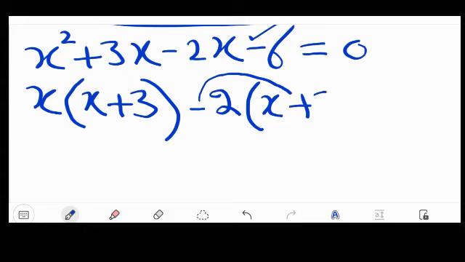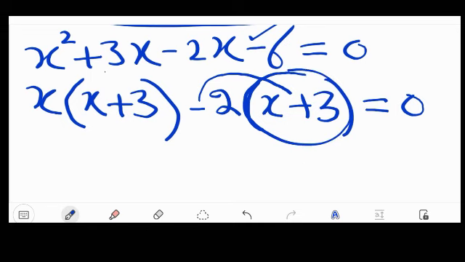Remember one thing, x plus 3 and x plus 3, these two factors must always be the same according to variable, according to sign, according to numbers. Neither sign nor number nor the variable will be changed in these two terms. Everything should be the same.